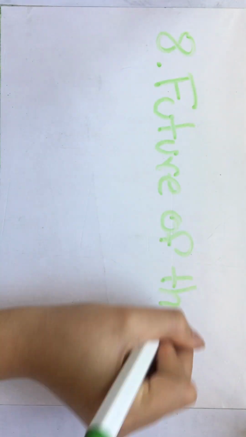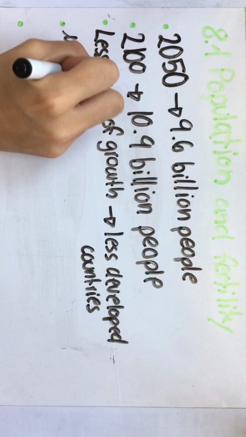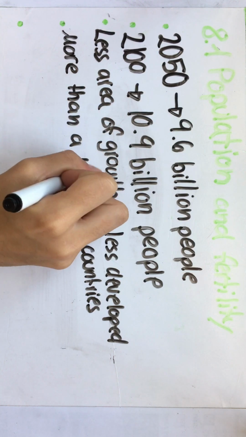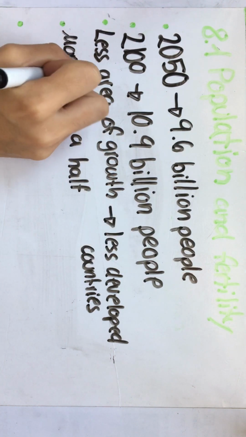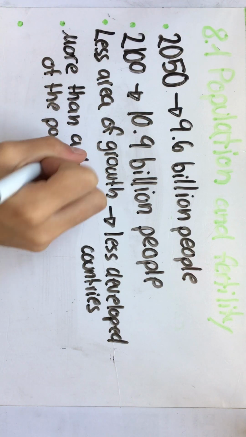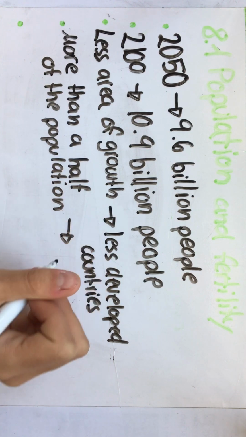8. Future of the world's population. Population and fertility. The population of our planet will reach 9.6 billion people in 2050 and 10.9 billion in 2100. The greatest area of growth will be found in the less developed countries.